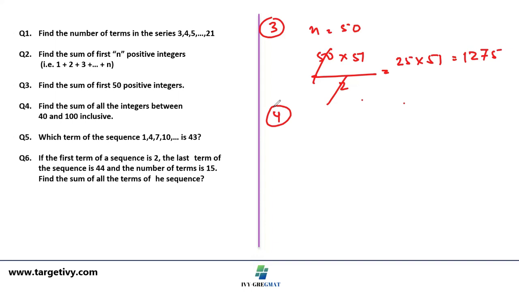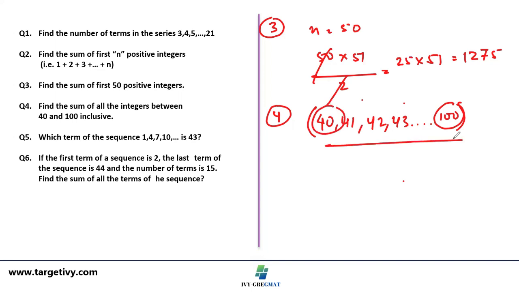Sum of all integers between 40 to 100 inclusive means the set looks like this: 40, 41, 42, 43 till 100. So including this and this number. That's what inclusive is talking about. But we have to find the sum of all the integers between these numbers.